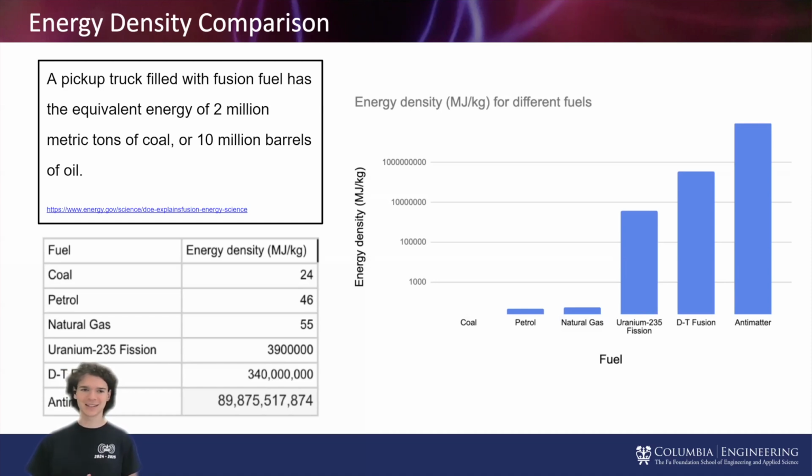Something I think is interesting is that the only interaction in, I believe, the universe that is more energy dense than a DT fusion interaction is an antimatter-matter interaction. I believe this is antimatter-matter annihilation. I don't think this is antimatter fusion, but an antimatter-matter annihilation event is more energy dense.